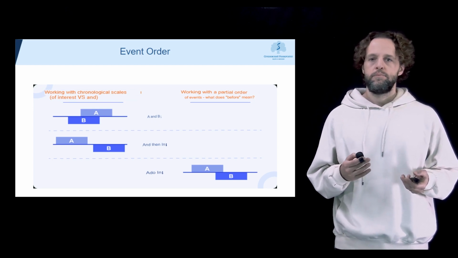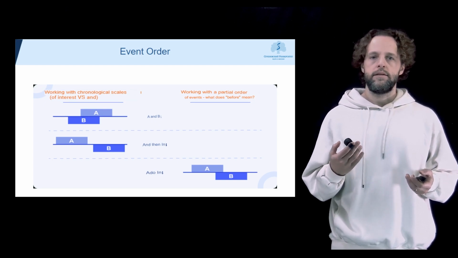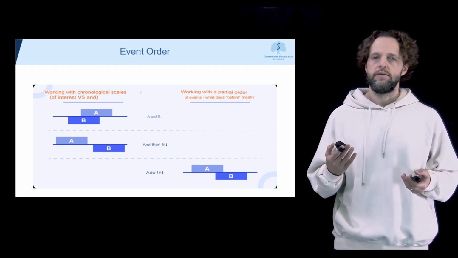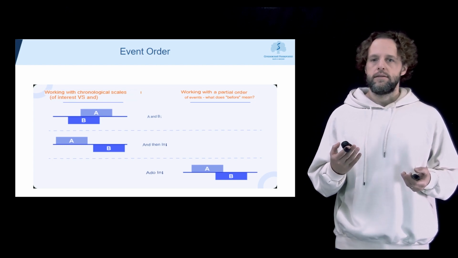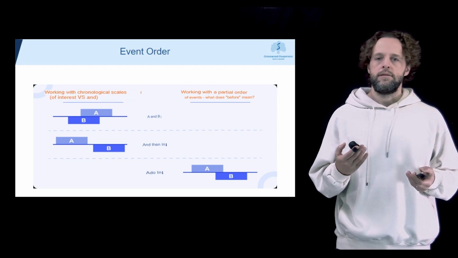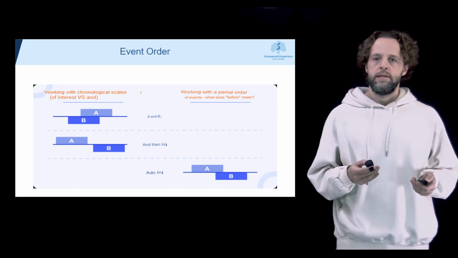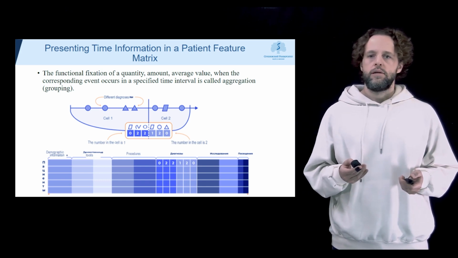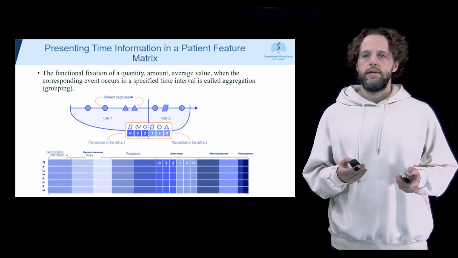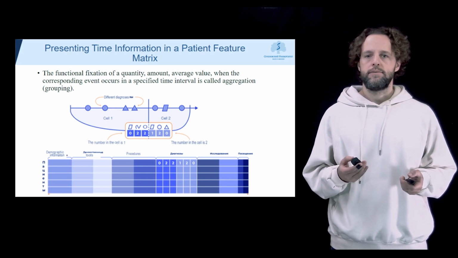Most general purpose databases are not structured to make it easier to deal with these differences, but presenting the data as a timeline can make it much easier to understand. So now let's look at how we can capture time information in the patient feature matrix.